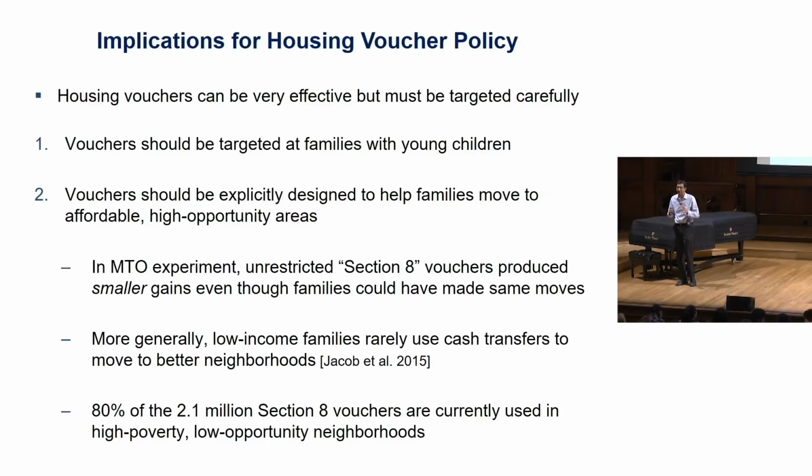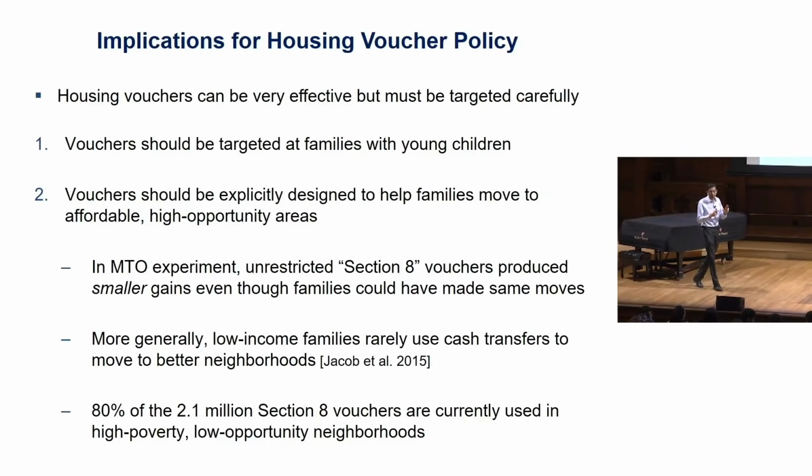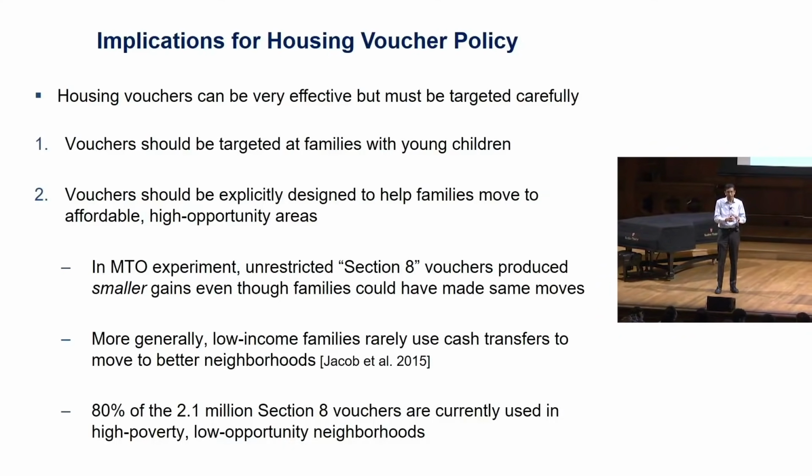Let me say that differently. In the context of New York, you had these families that started out in Harlem, right? The families that got the Section 8 voucher could have gone anywhere they could find an apartment in New York. They ended up going to places like Soundview.